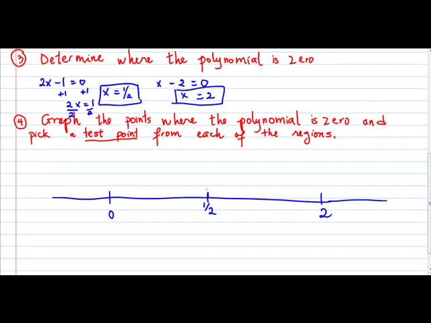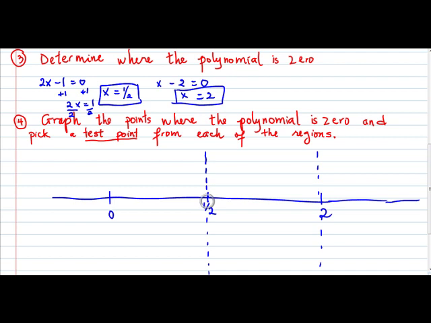Now notice that these two values divide our real number line into 3 regions. When x equals 1/2 or 2, our polynomial is equal to 0.